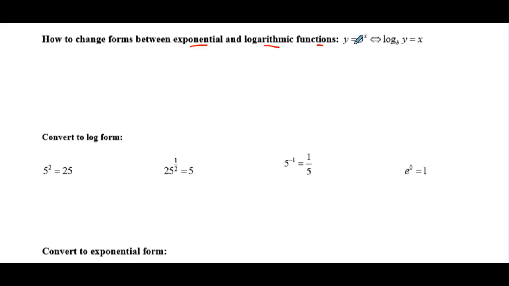As you see here, if I'm given a function y equals b to the x power, what I can do is change this so that it's in log form by taking the log of both sides. So I say log base b of y equals log base b of b to the x.